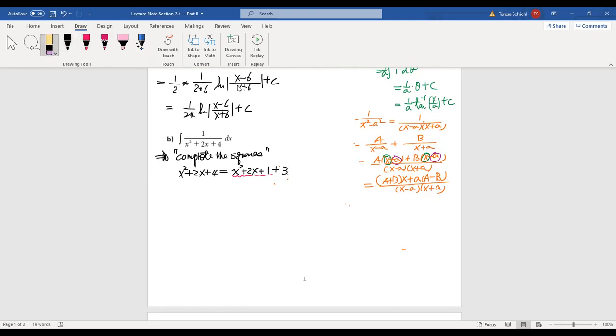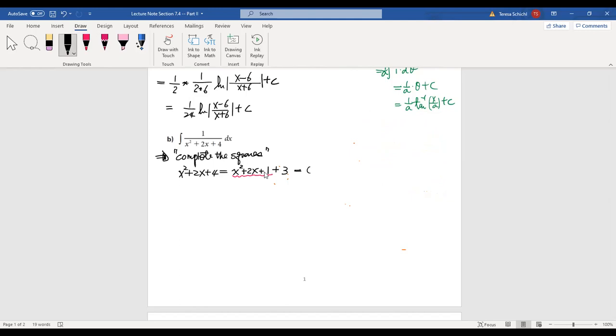Okay, let me erase a little more to see. Now this is the complete square. What is the square of this? This is (x plus 1) squared plus 3, right?